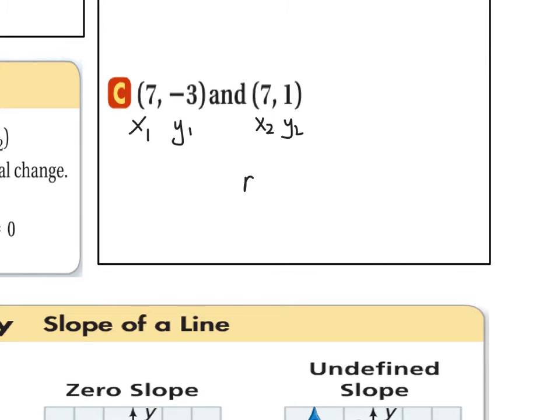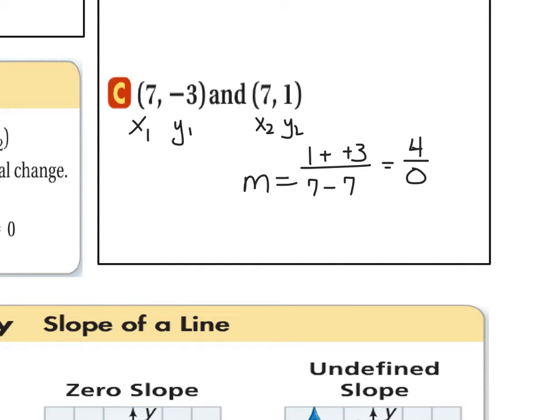Finding the slope again, y2, which is 1, minus y1, which is -3, over x2, which is 7, minus x1, which is also 7. Because two negatives are right next to each other, they become positive. So 1 and 3 is 4, and 7 minus 7 is 0.